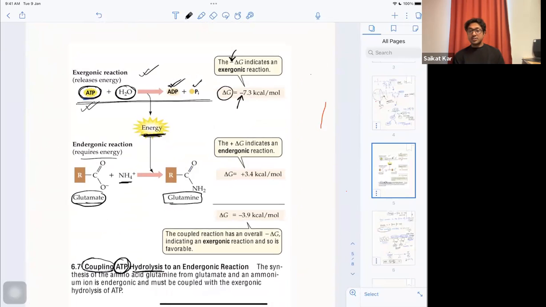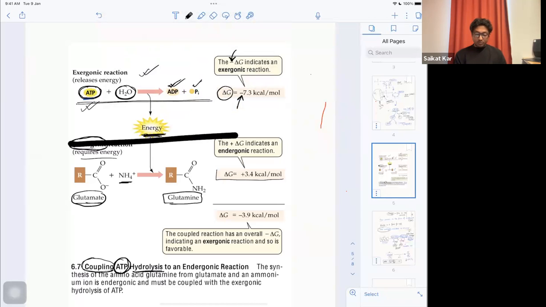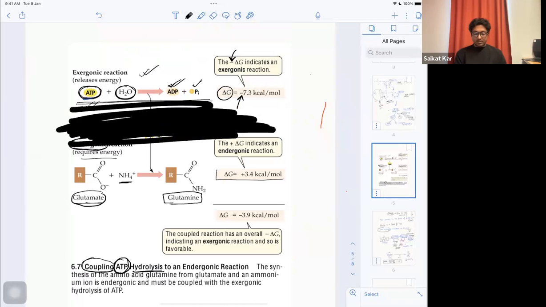What is unnatural, what shouldn't happen, or what is beyond understanding regarding the theory we have learned till now, is the endergonic reaction. Suppose you don't know the upper part; I'm just blocking it.